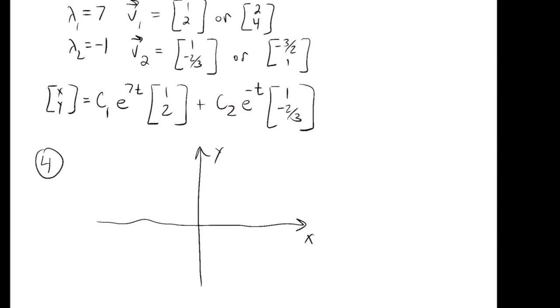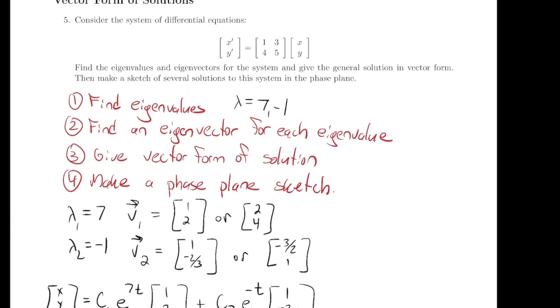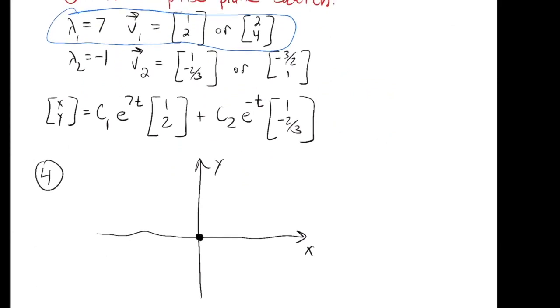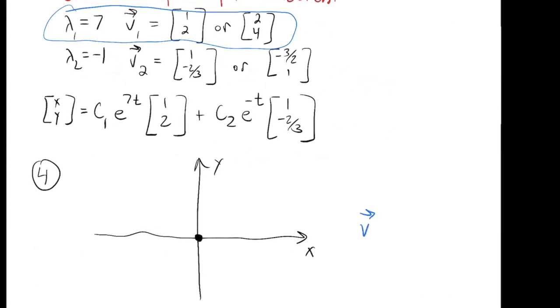Okay, the fourth part is to use this information to sketch the approximate phase plane. Ultimately, what we're really interested in is seeing what happens near the origin. So first, how could we graph this information? Take this eigenvector (1, 2).